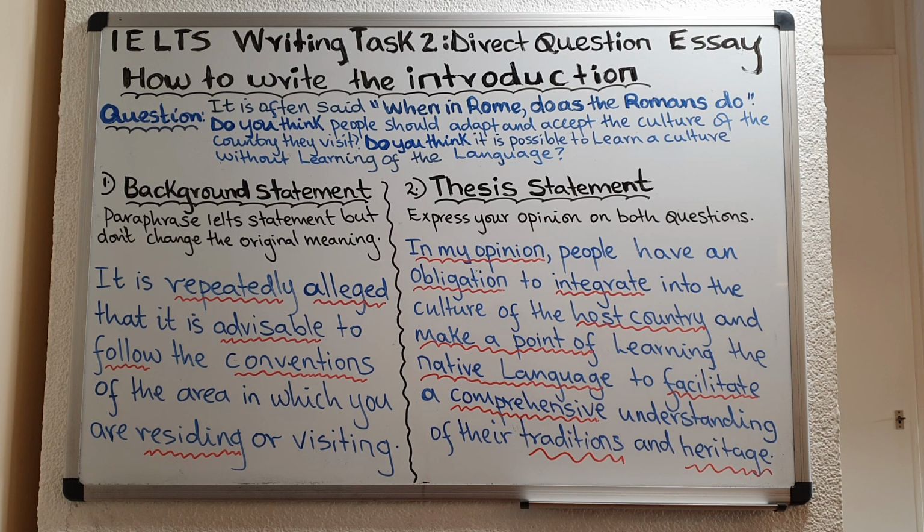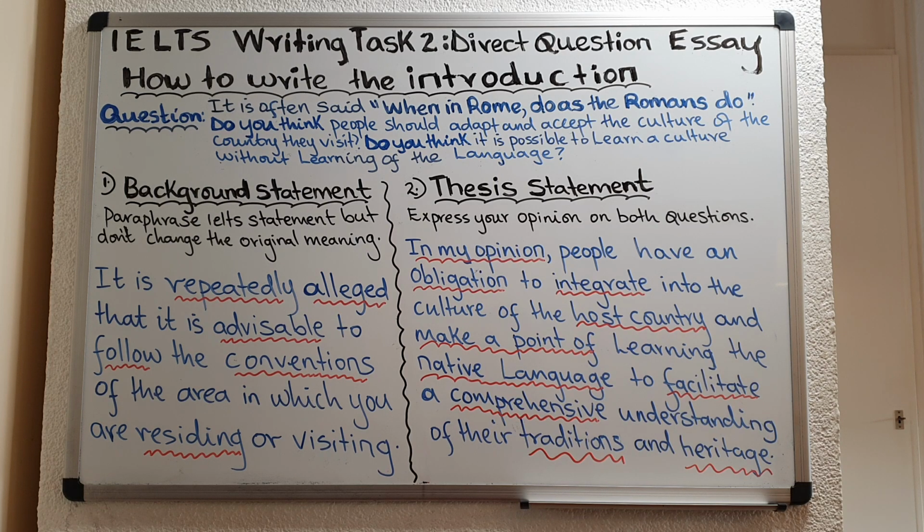For you to score a band 8 or above for your task response, you have to ensure that you respond to all parts of the question. All issues in the essay question should be well answered, okay? And your ideas should be very relevant and well developed and supported, okay?